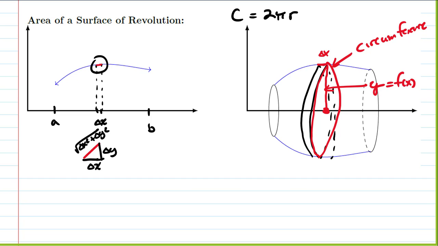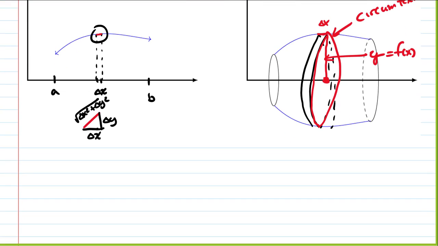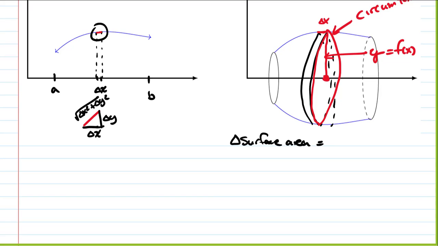Well, we made it teeny tiny thickness, so each little surface area chunk is going to be 2 pi r, so 2 pi y, times the length of this little piece. Last time we had it as the square root of delta x squared plus delta y squared.